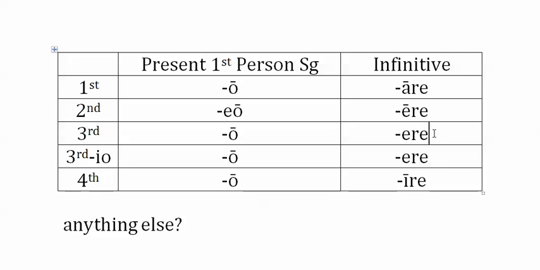Now, when the infinitive ends in short ERE, it's a third conjugation verb. But if you look at the first principal part, if there's an I in front of the O, that's your clue that it belongs to a special subgroup called third IO.